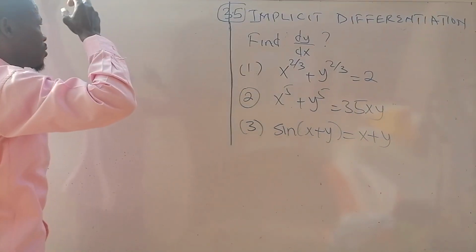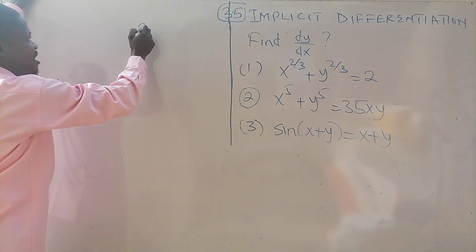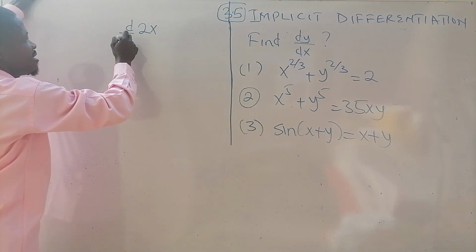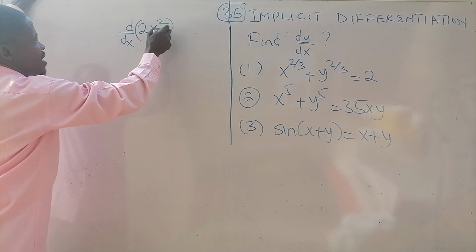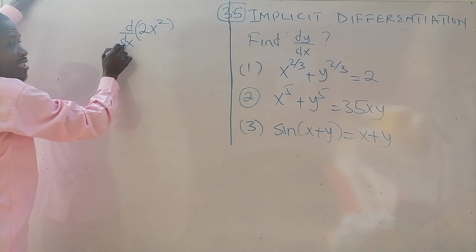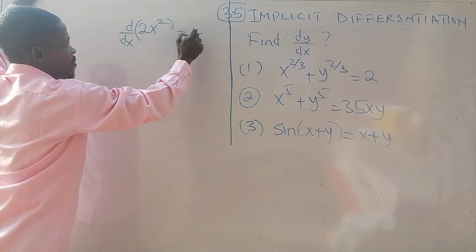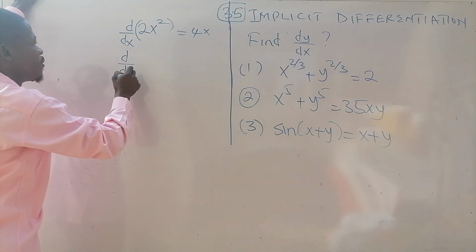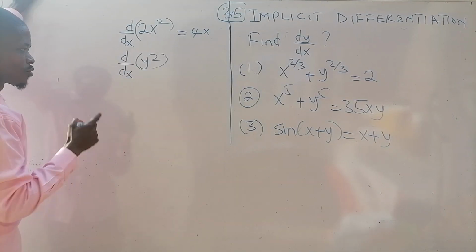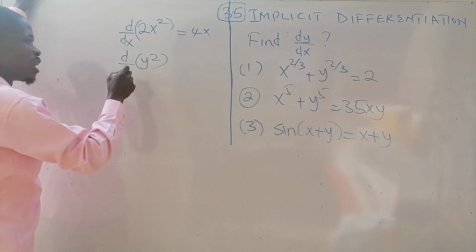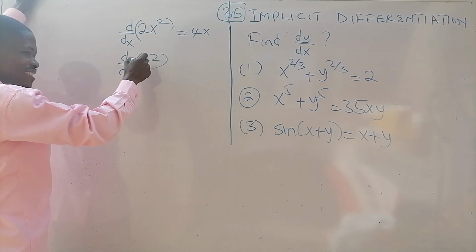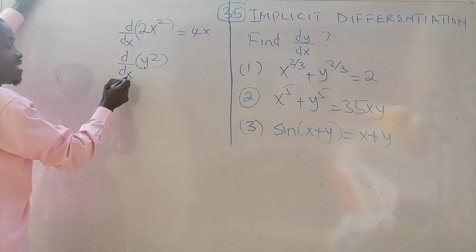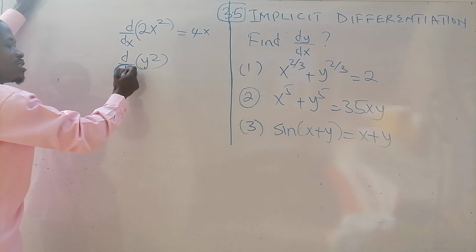But before we go, I want to quickly tell you, if you want to differentiate 2x squared, this will give you 4x. In the case where you want to differentiate d/dx of y squared, that's what I want to explain. y squared is a function of itself, and at the same time, it's a function of x.